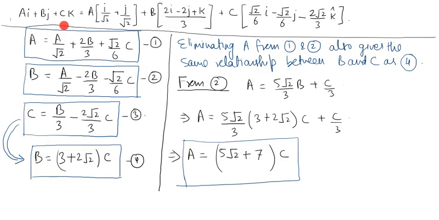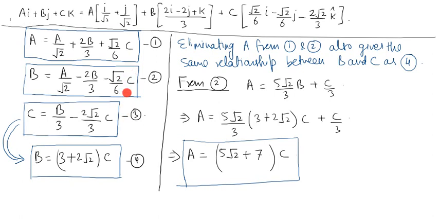This is exactly what I have done here. So this will give me three equations, as you can see here. The first equation is obtained after equating the i cap coefficient, which is a here, and here it is a by root 2 plus 2b by 3 plus root 2 by 6 into c. Similarly for j cap and k cap I will get two more equations. So I have three equations here.